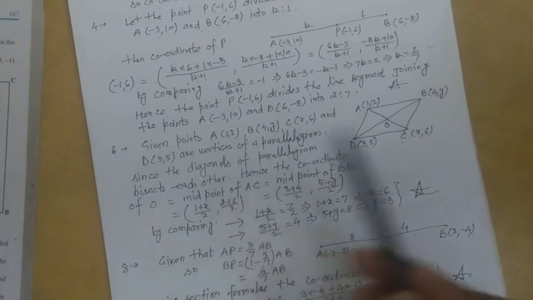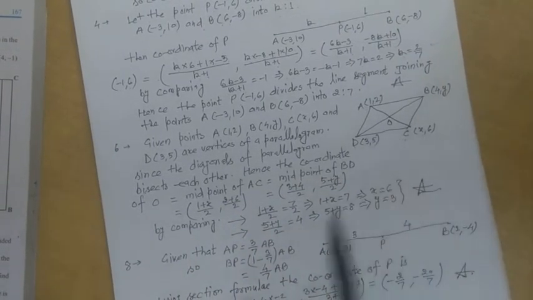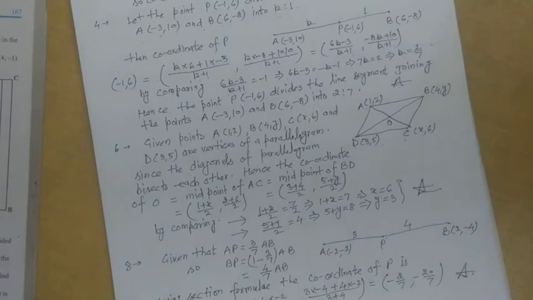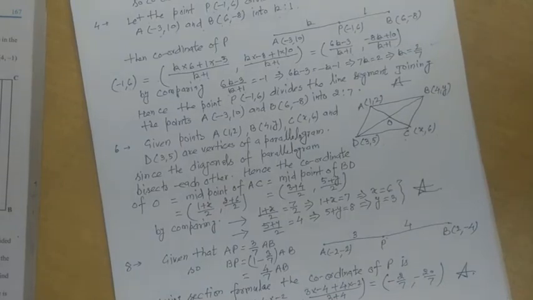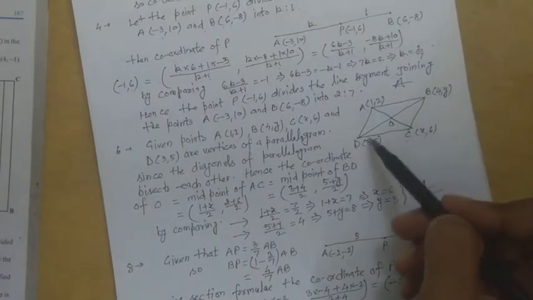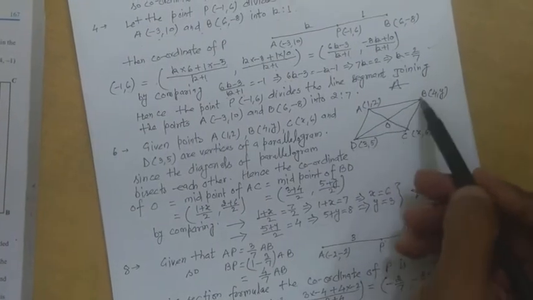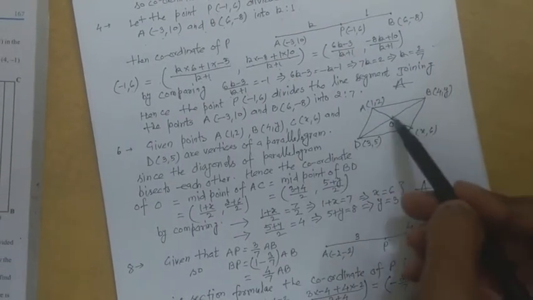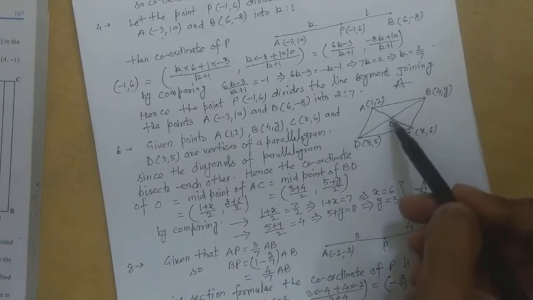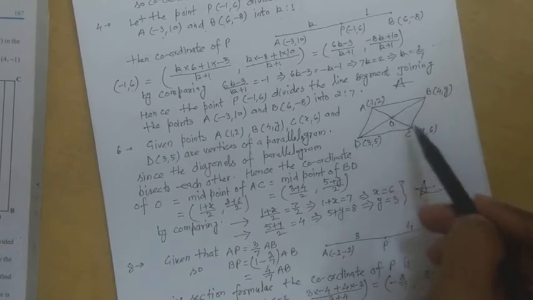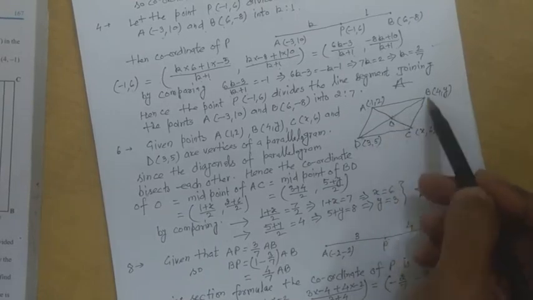Then we know that the diagonals of a parallelogram bisect each other. Using this concept, we have OD equal to OB and OA equal to OC. Then the coordinates of O will be the same for OA and OC, and OD and OB.